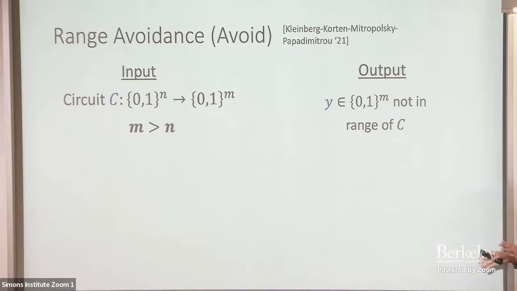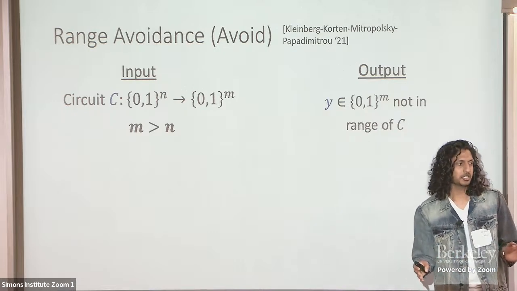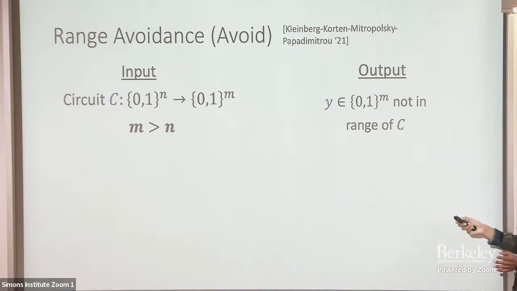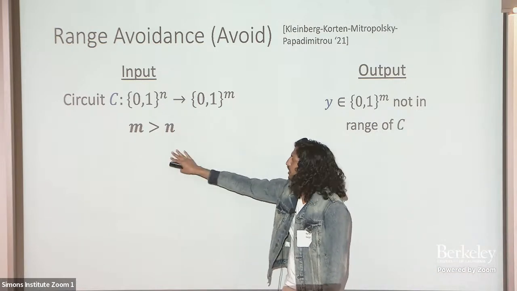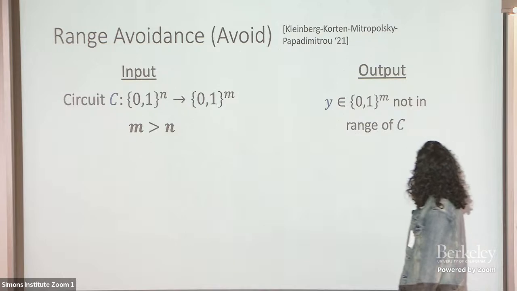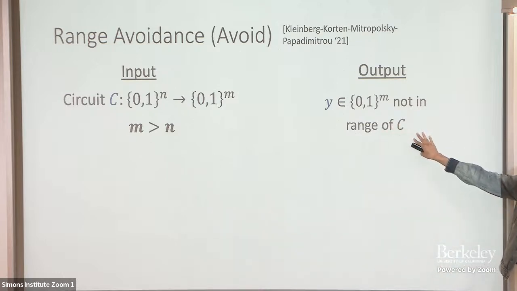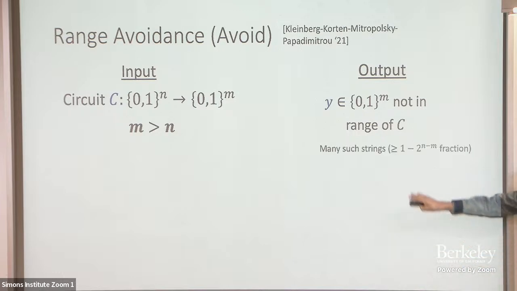They were interested in total function problems in the polynomial hierarchy. As you can maybe tell from this input-output description, it's very closely related to the dual weak pigeonhole principle. You're given a circuit that maps n bits to m bits, where m is greater than n, and your goal is to output something that's not in the range of the circuit. There are many such strings just by a counting argument.